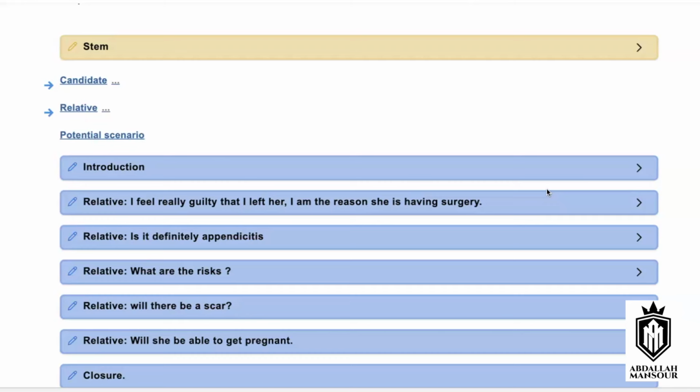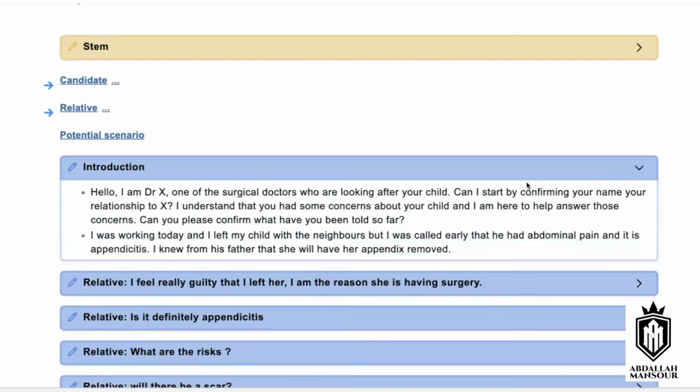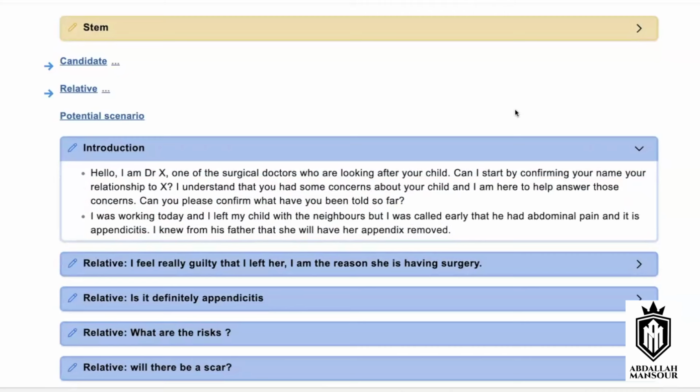Sure, sir. I want to assure you that I will try to explain what's going on, and I hope that at the end you will feel a bit more comfortable. It's okay to be concerned, but I hope you don't feel too worried. Can you explain to me what you know about your daughter's situation at this point in time?